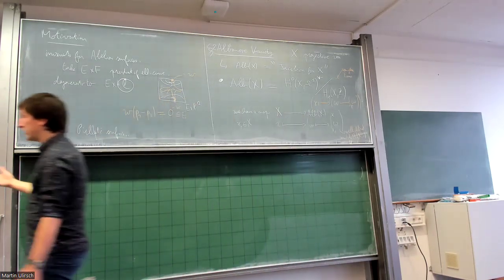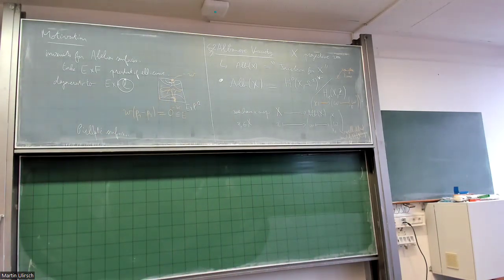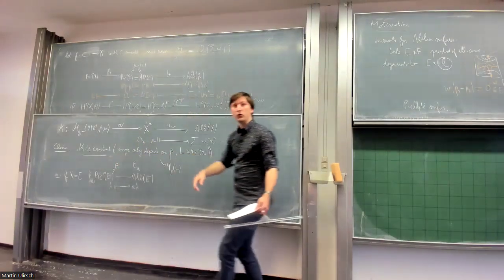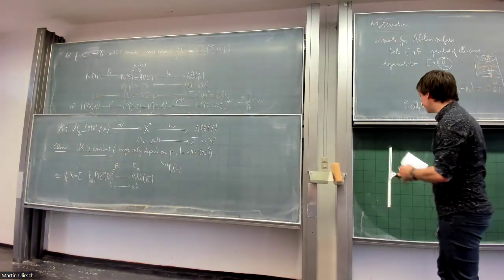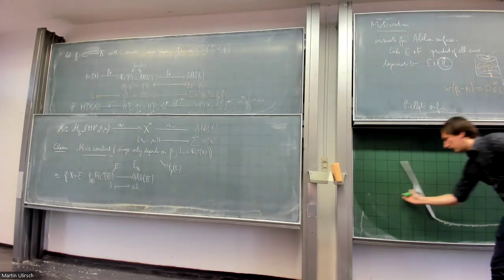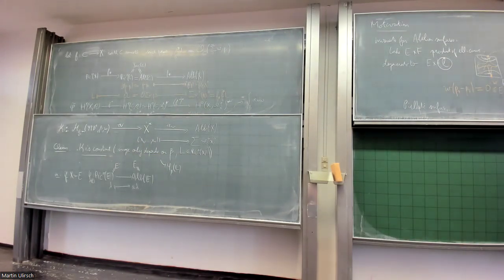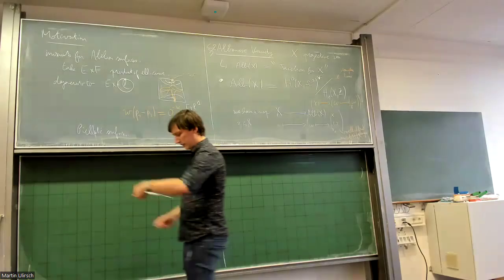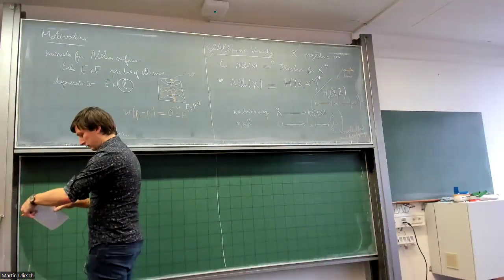If the line bundle is not trivial anymore, you just get some other guy, which is A times the class of the line bundle you chose on the elliptic curve. Okay.